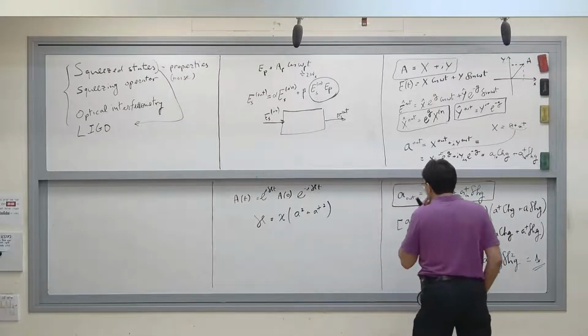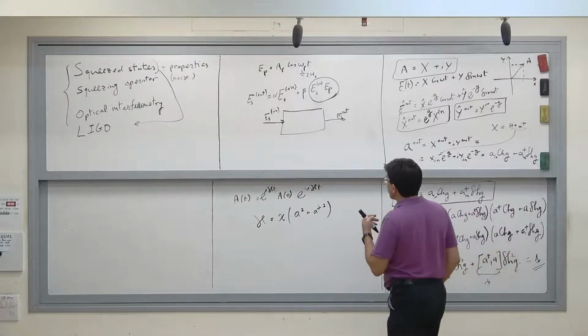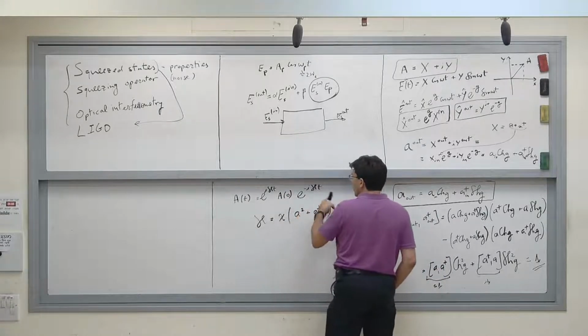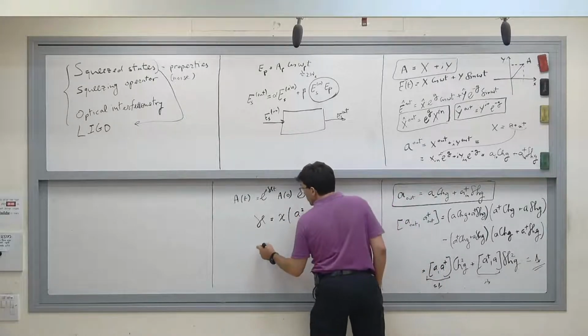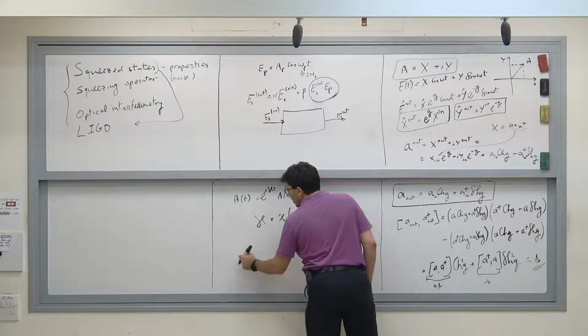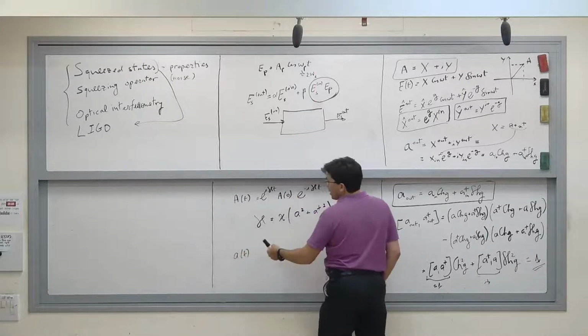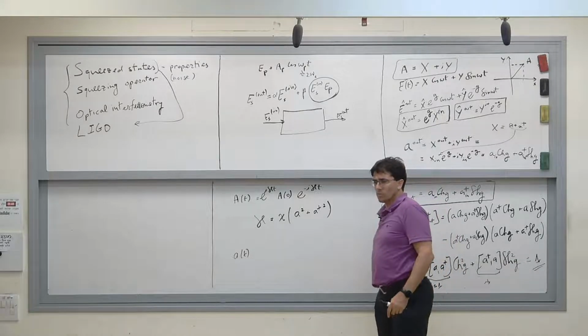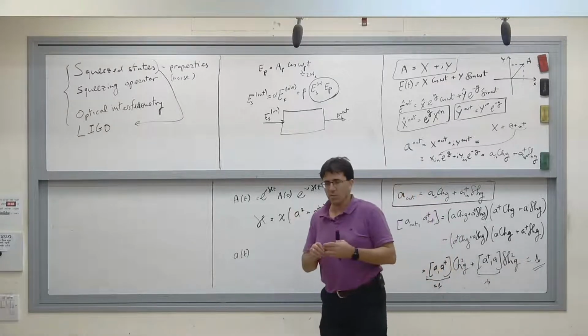So now I want to ask myself, what is this? So what we want to calculate is this. What is this A of t, where t is the propagation time through the nonlinear medium, or in time is distance.